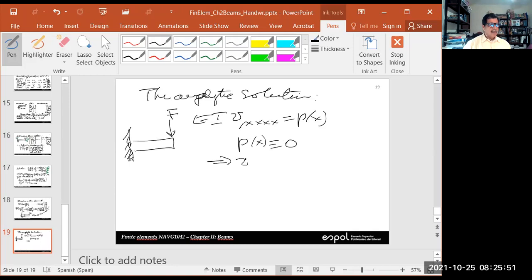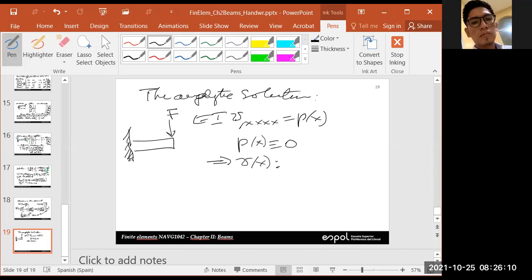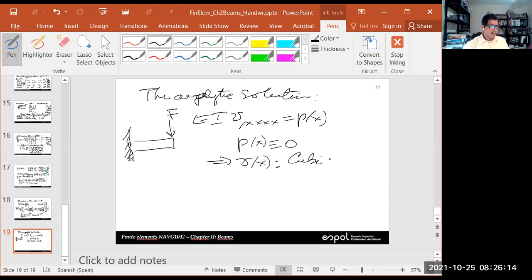So what shape does V of X have? If you integrate this with this equal to 0, what's the solution for V? What's the mathematical distribution of V? What's the function for V? Exactly. This is a cubic polynomial. And that's exactly what we're assuming to approximate the solution.